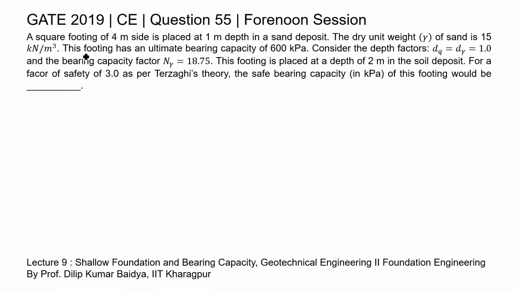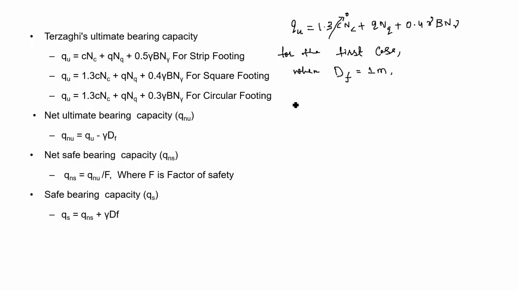You can see in the first paragraph, the depth of foundation of 1 meter is given. The ultimate bearing capacity is also given as 600 kilopascal. So 600 kilopascal is equal to q Nq, and q is gamma into Df.